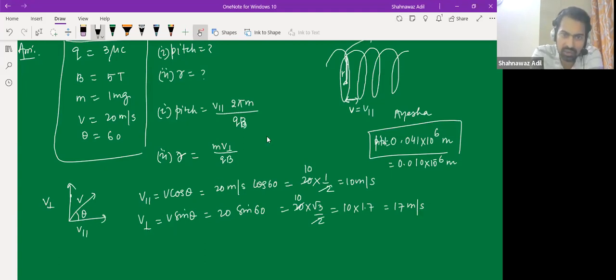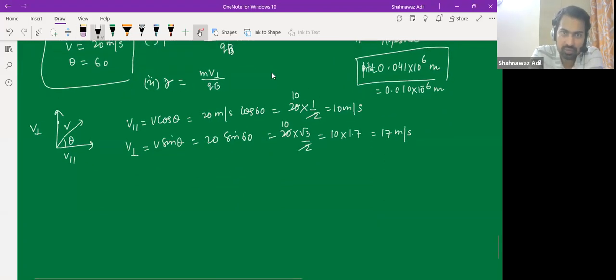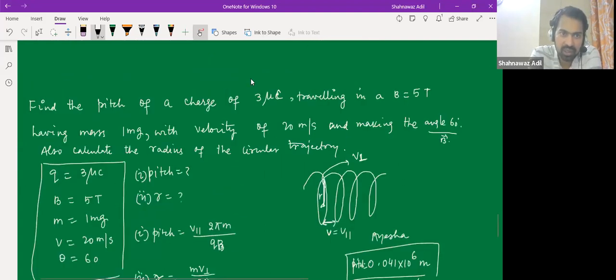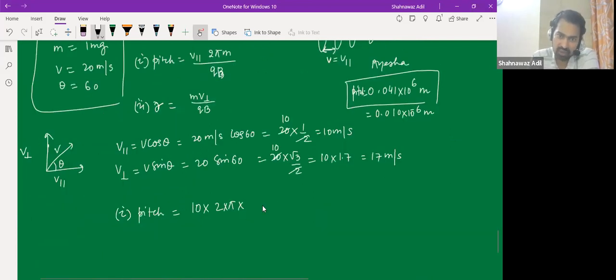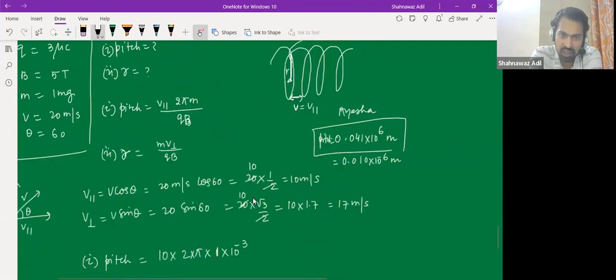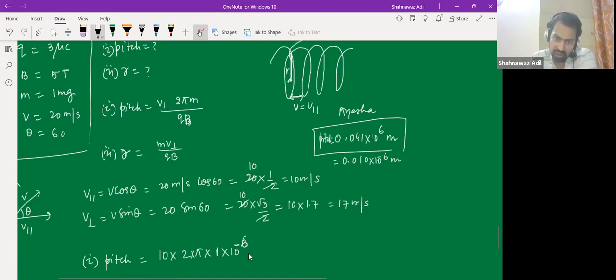Now we will put all the values. This is 10 meter per second into 2 pi, and m is 1 milligram, which is 10 to the power minus 3 gram, but we have to change it to kg, so this would be 10 to the power minus 6 kg.